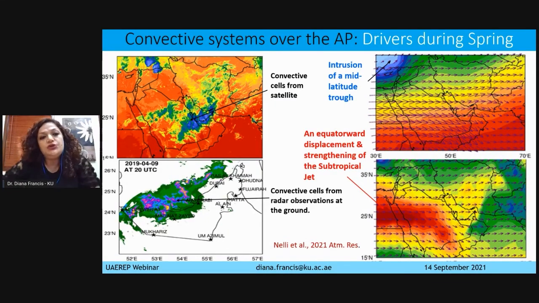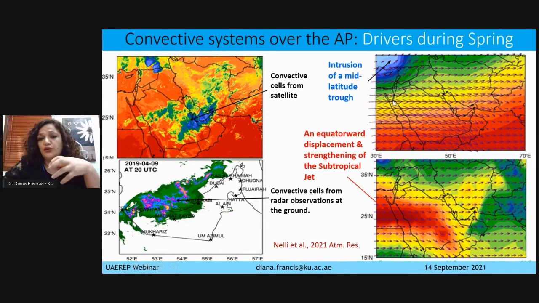So here I'm showing, in the upper left panel, satellite imagery of clouds in the infrared. And in these images, you can see the clouds and the convective clouds appearing in blue. And just below it, we have the radar observations at the ground. You can see how the cells appear in these observations as well. This case occurred in April 2019.